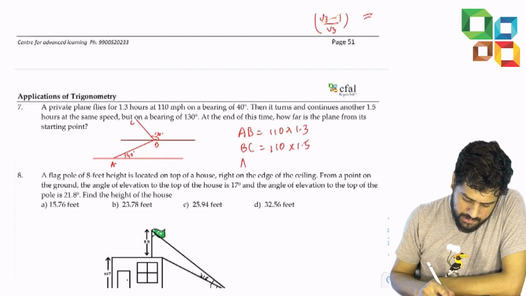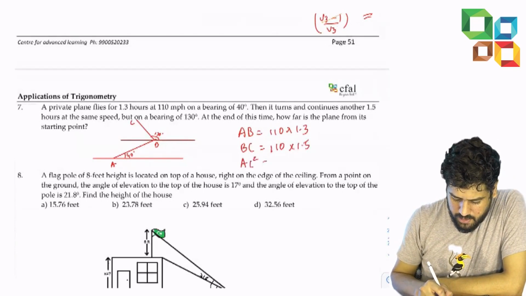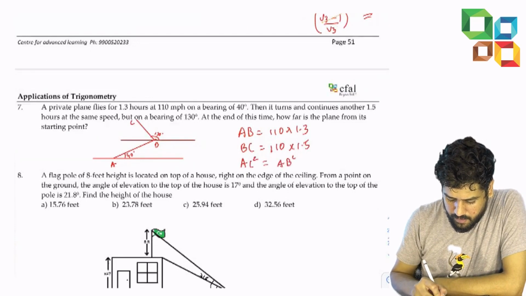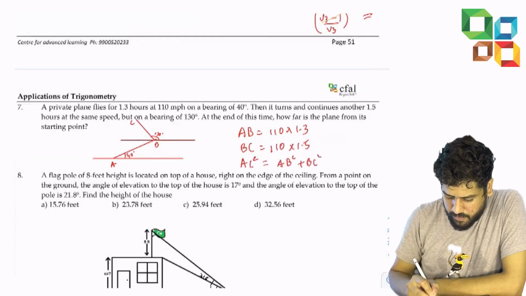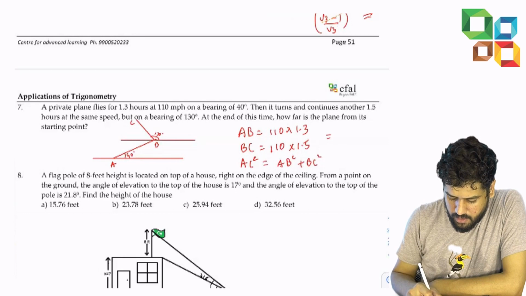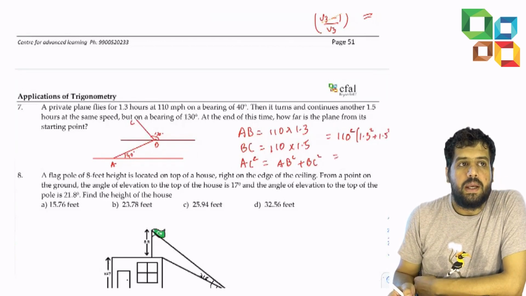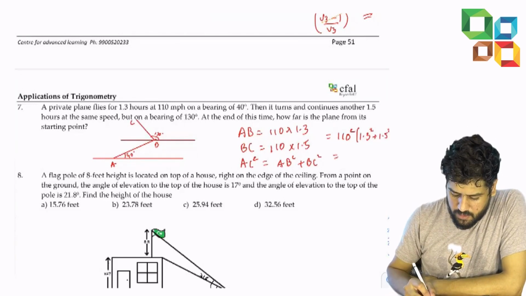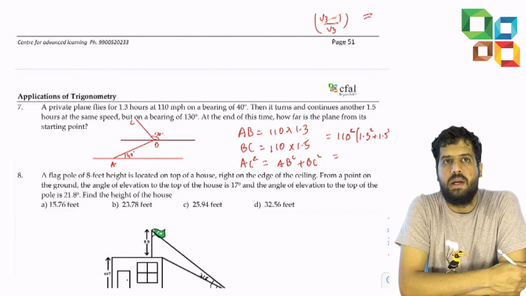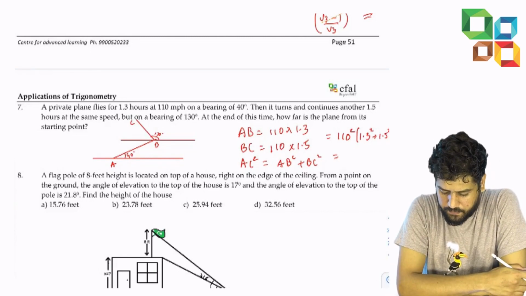So you have to calculate AC. AC square is equal to AB square plus BC square, which is equal to 110 square, common, into 1.3 square plus 1.5 square. Then whatever you get, take the square root of that. That will give you the answer.